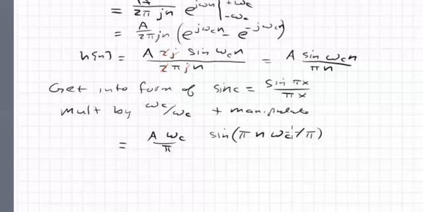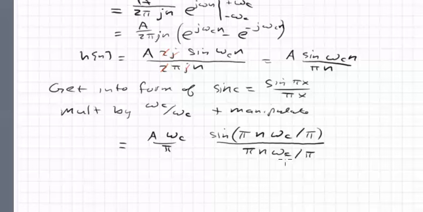All right? So I haven't changed the value any, but now I've got a pi there. And I need the denominator to be exactly the same as the numerator. So I can say pi n omega c divided by pi. Right? So now they look exactly the same.